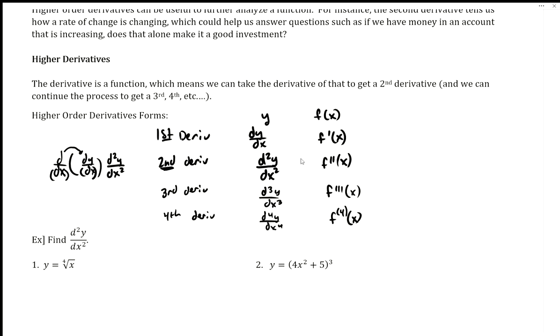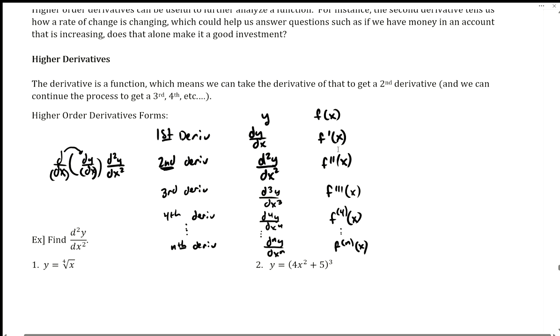So f and then that little 4, in parentheses to make sure we know it's not a power, it is a derivative. And then it goes in this pattern forever. So the nth derivative would be dny/dxn, and then f with parenthesized n of x. If it was the 20th derivative, those n's would become 20 in each case. Those are the main two notations.